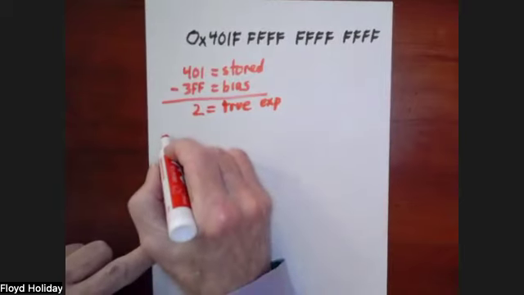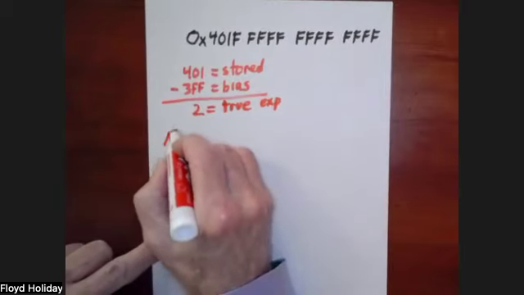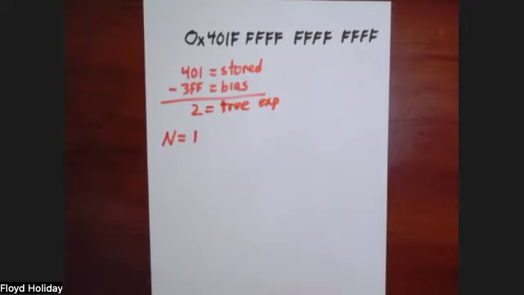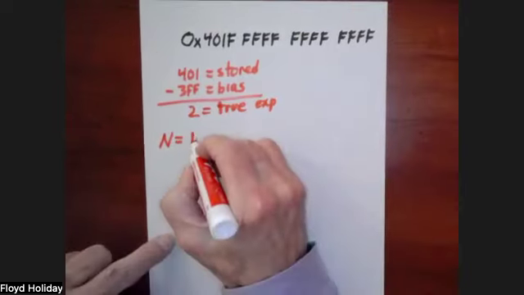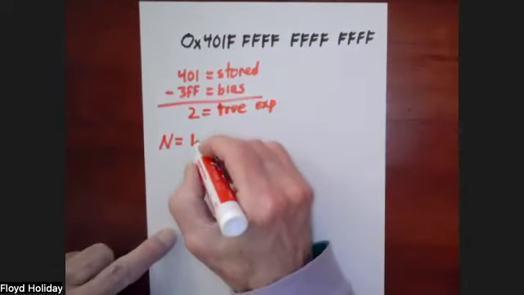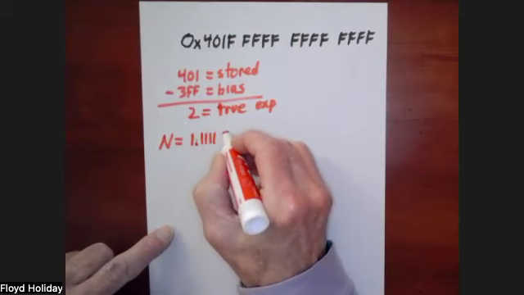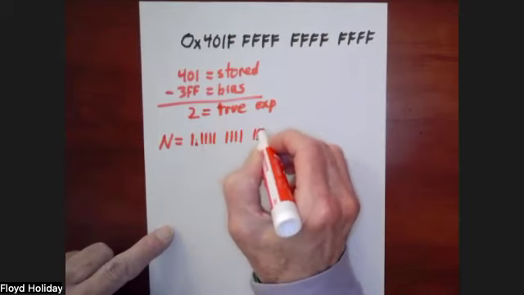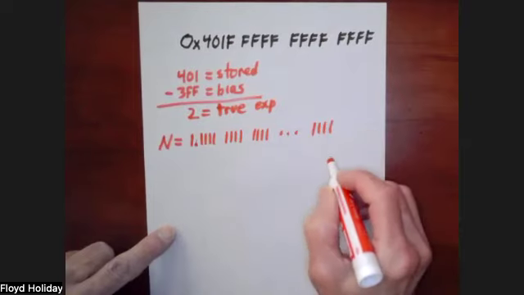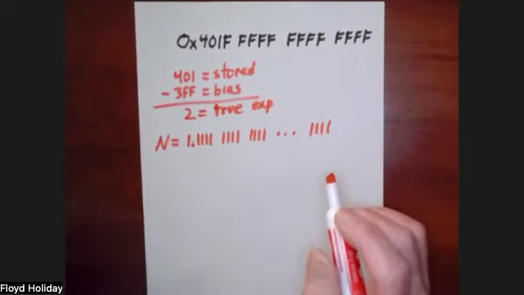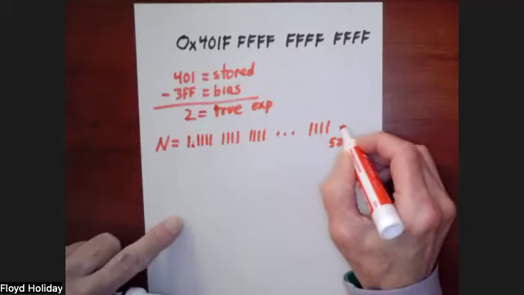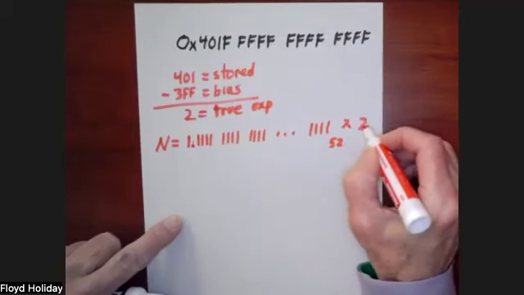So our number, I'll just call it n. There's a hidden bit, 1. And then there's F, F, F, F, F, F, F, F, forever after. 52 ones times 2 to the 2.